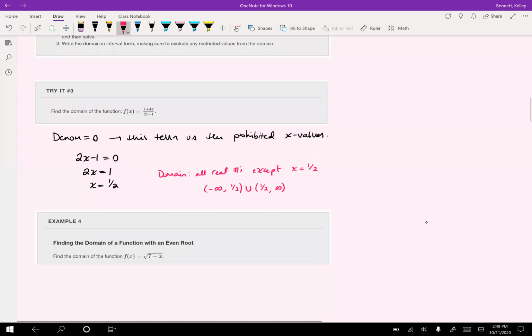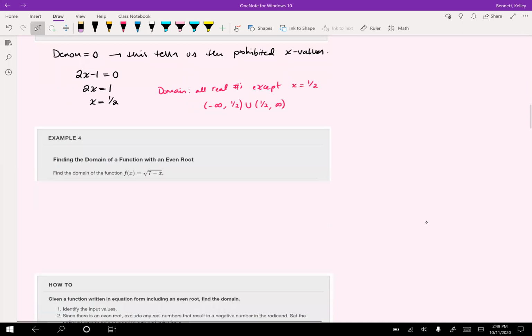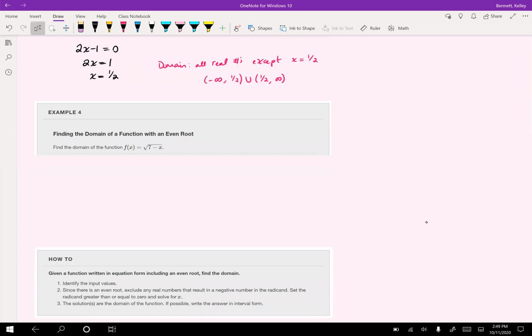There are other functions where we're going to have a problematic x value. So again, we want to focus on where our output is going to be real valued. So for the square root, just in general, the square root of a number is real if the number is not negative.